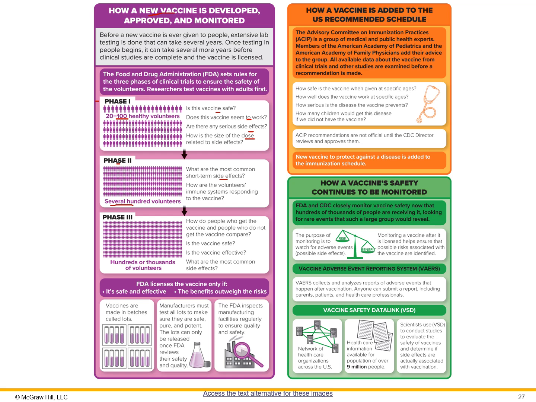So the phase 2 really looks at the side effects as well as how the systems are responding to the vaccination. And then finally, if all of that still looks promising, then in phase 3, now we're at hundreds or thousands of volunteers.